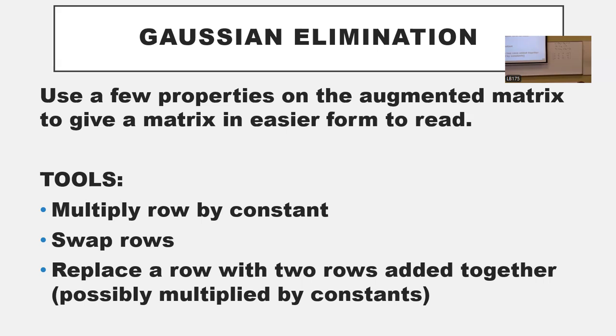You guys remember the elimination method? Multiplied by a constant. That is our third tool. So we replace a row of our augmented matrix with 2 rows added together, all right? Possibly multiplied by constants.